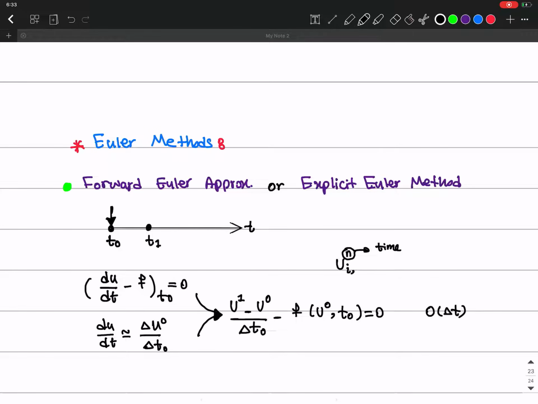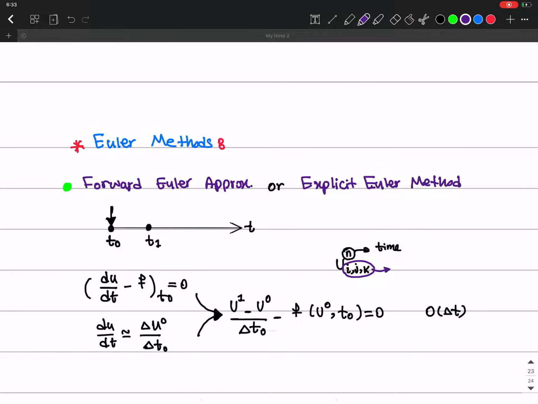The space index can be i, j, k, for example, in different directions like x, y, and z.